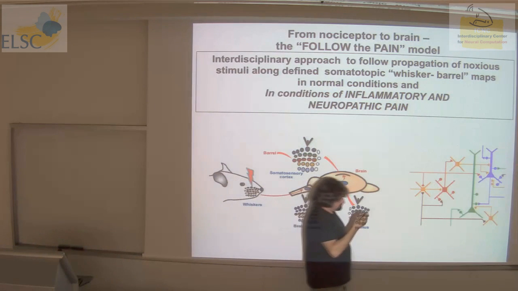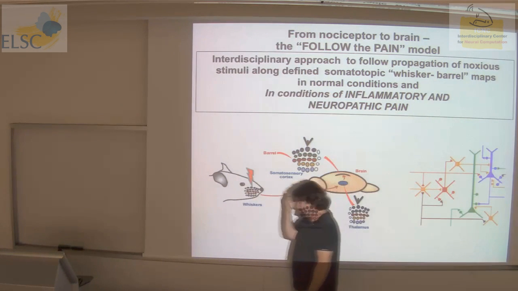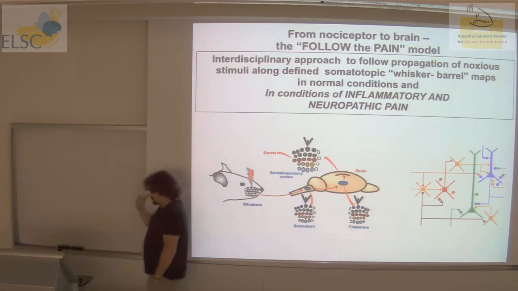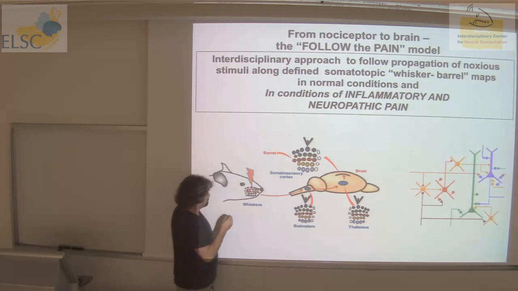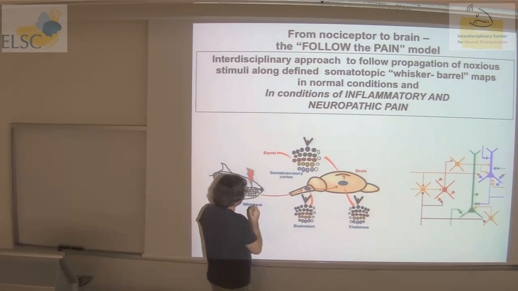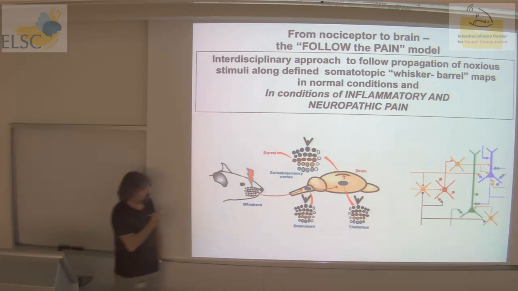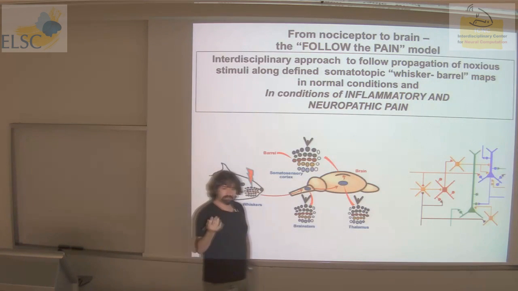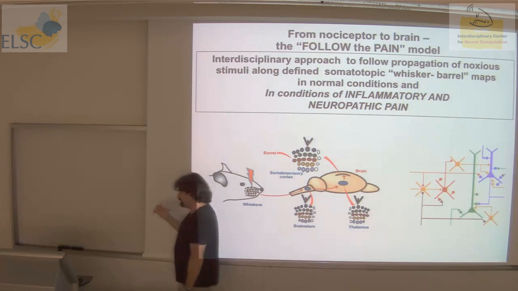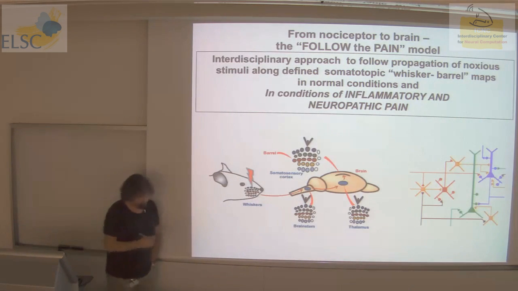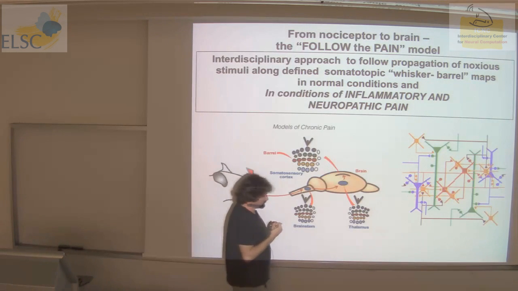Try to characterize, at some level, the behavior of this local network that is responsible for painful information for selective receptive fields, and then to produce a very local model of either chronic pain or inflammatory pain, by either killing the nerve or producing very strong inflammation in a selective whisker, and see how it will affect the behavior of this network.